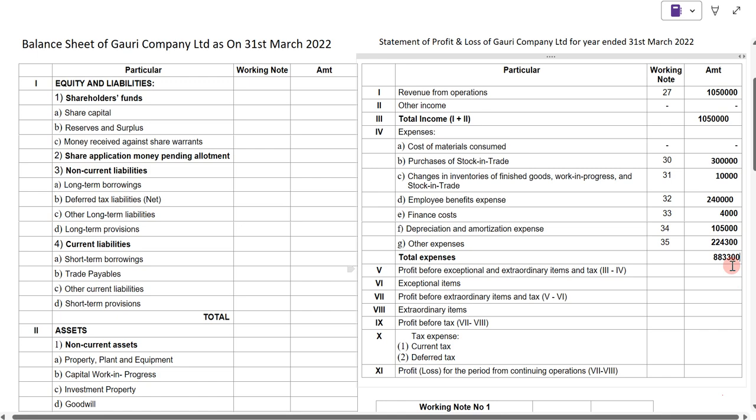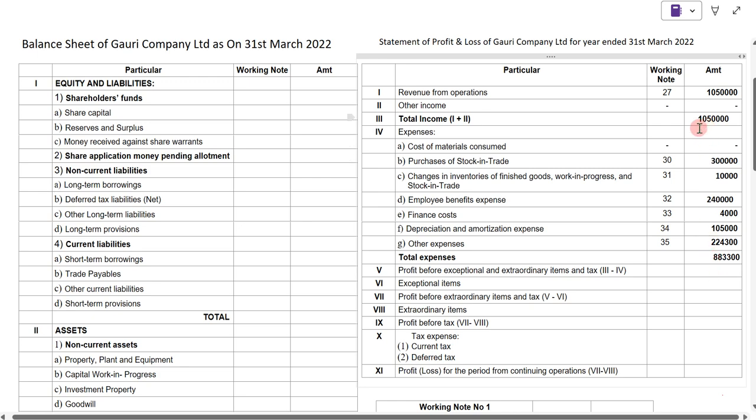From this total of expenses, we have to find the profit. How? Total income minus total expenses. Now we can identify that expenses are less and income is more, which means we are getting a profit.